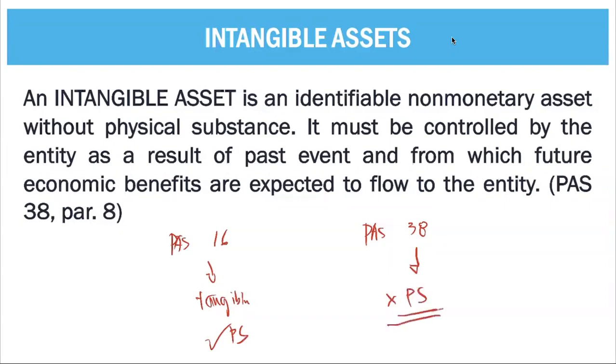Therefore, if there is no physical substance on a particular type of asset, we consider it an intangible asset. Some examples are patents, trademarks, copyrights. Those are all considered intangible assets.